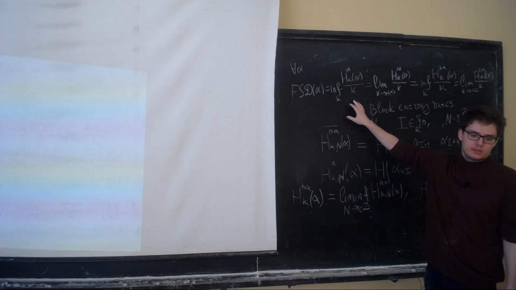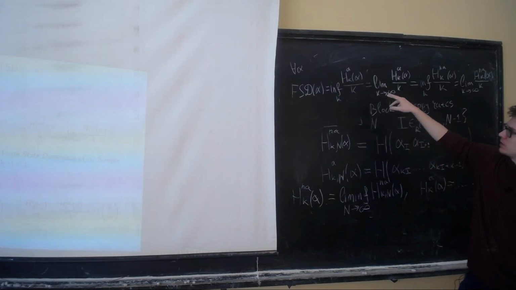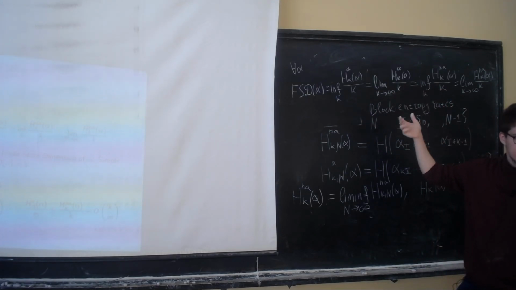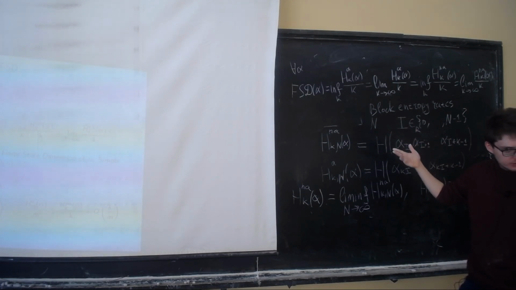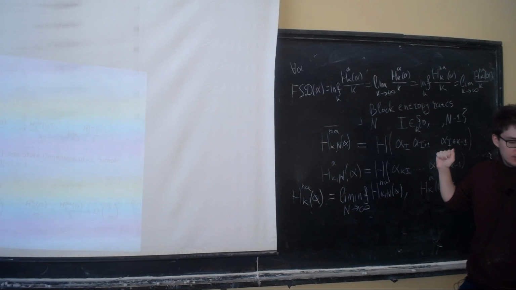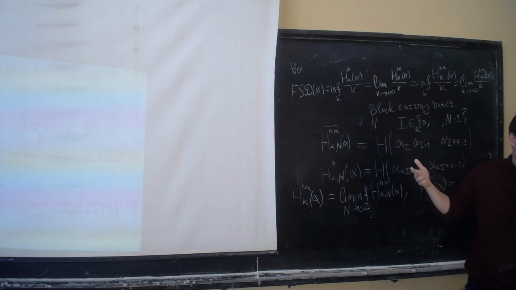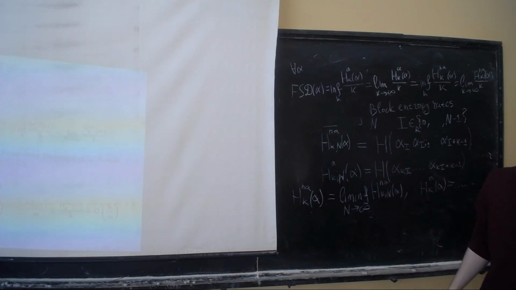The second thing is that from this it is also obvious that non-aligned and aligned versions of normality are equivalent. And actually finite state dimension defined in terms of aligned and non-aligned blocks are the same.